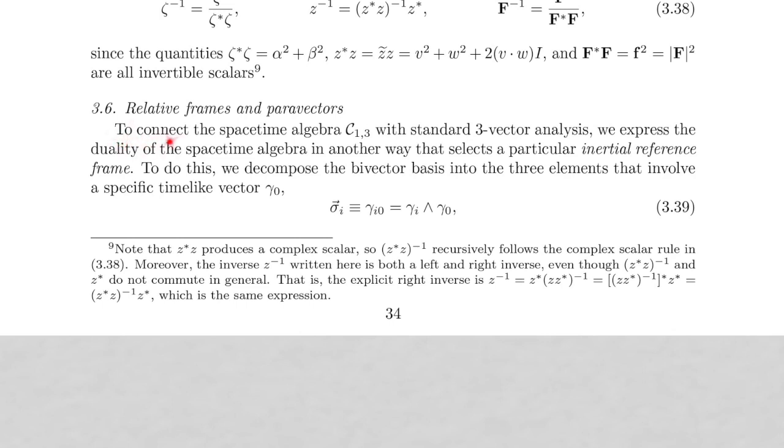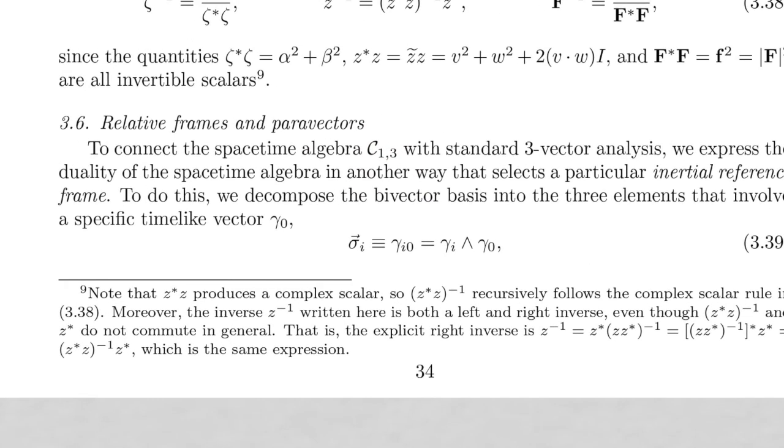So to begin, to connect the spacetime algebra, C13, this is the symbol for the spacetime algebra. Remember, it's been a while since we've done this, but C means Clifford algebra. 1 is the number of basis vectors whose square is +1, and 3 is the number of basis vectors whose square is -1. Sometimes you'll see a 0 here because there's also the possibility of basis vectors squaring to 0, and in our algebra there are none of those.